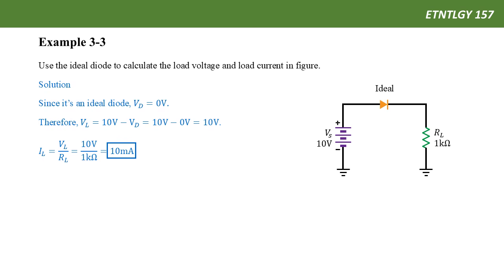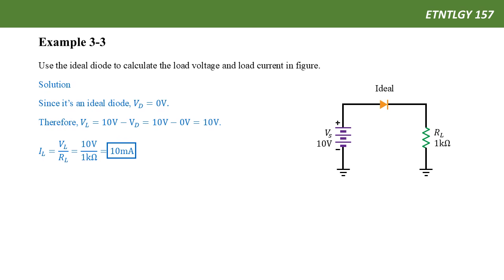Let's work on example 3.3 on page 63 to reinforce the learning. The question is to use an ideal diode to calculate the load voltage and the load current in the circuit shown in figure 3-6a.